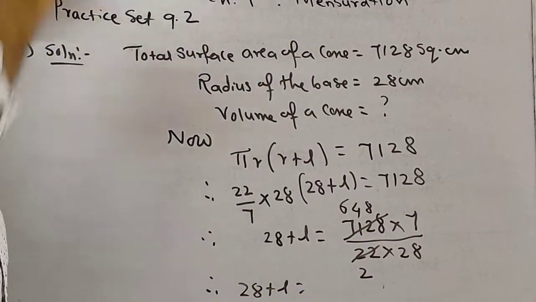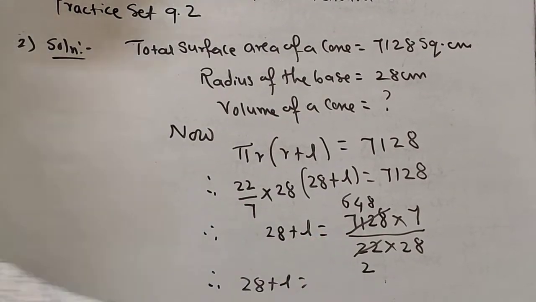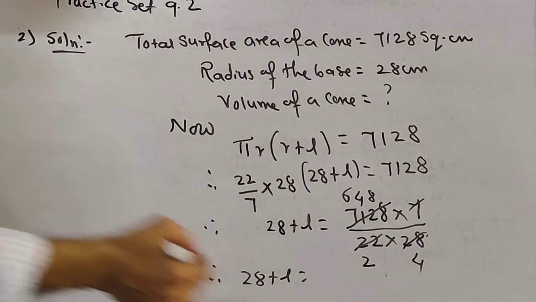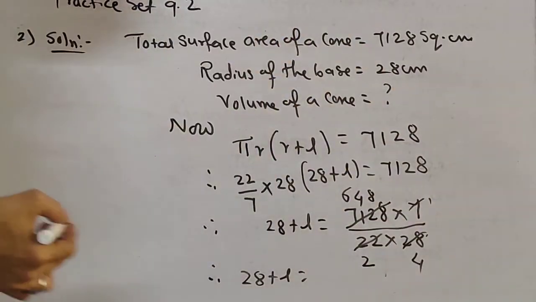Divide by 11. Here 7 1s are 7, 7 4s are 28.